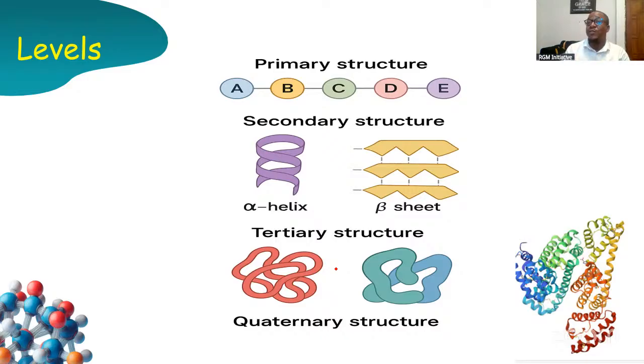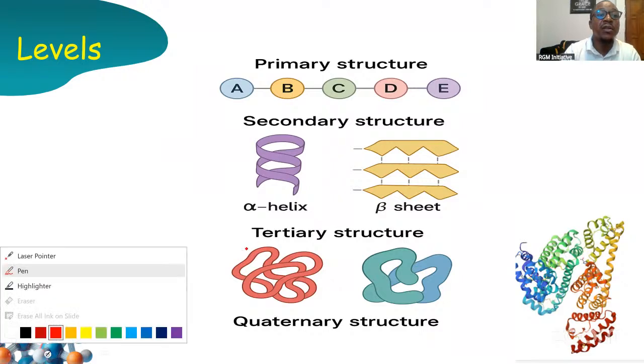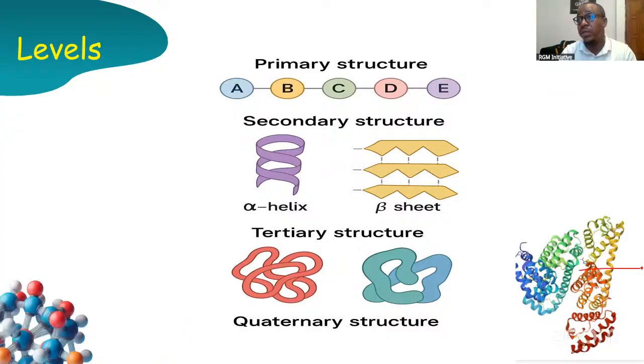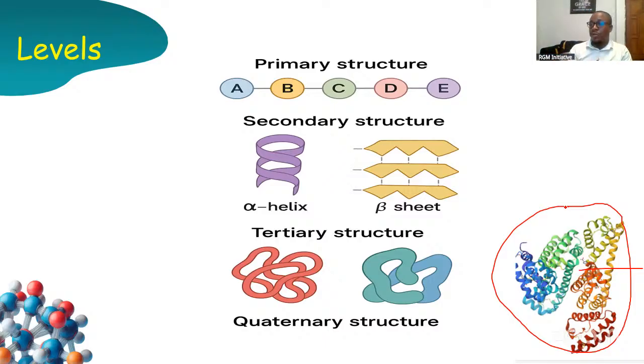So there are some tertiary structures that will be entirely like what you're seeing here. What you're seeing here is albumin, or let's just assume it's a protein. You can see there are only alpha helices, more than one alpha helix, so this is a tertiary structure.